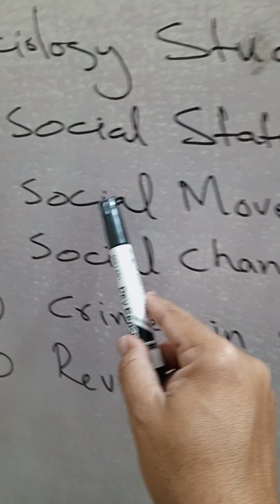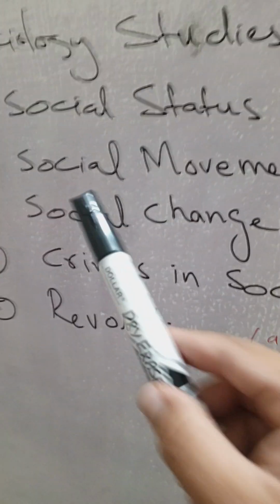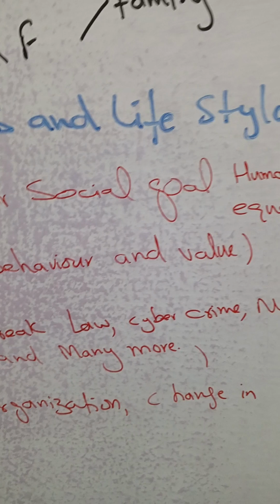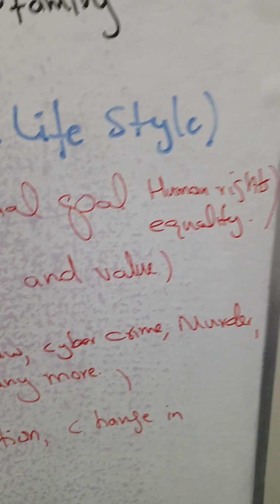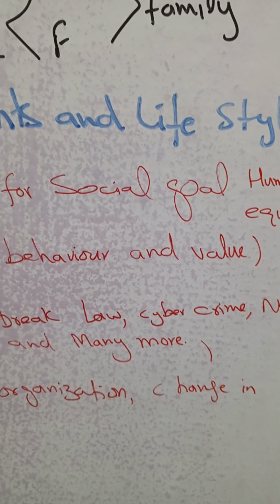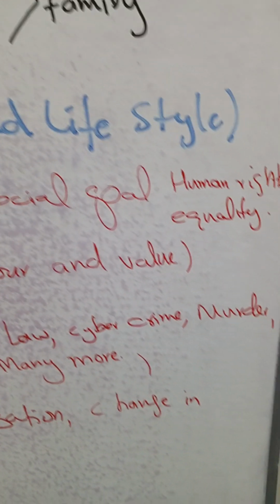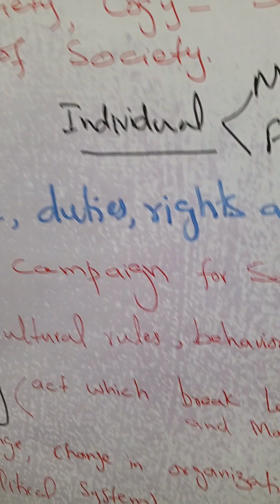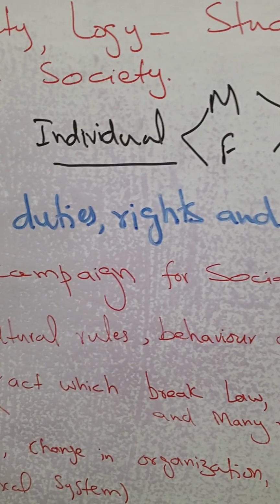In every society, there are always different social movements, and every social movement has its own social goal, like human rights, equality, the right of abortion, the right of marriage. These are all known as social movements, run by individuals of society, either male or female members of the society.